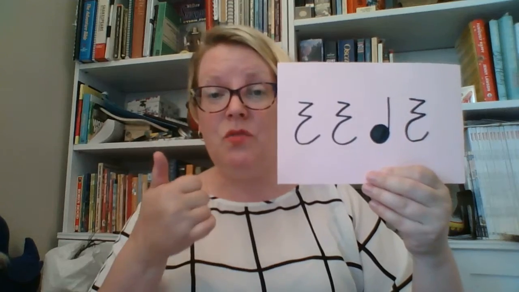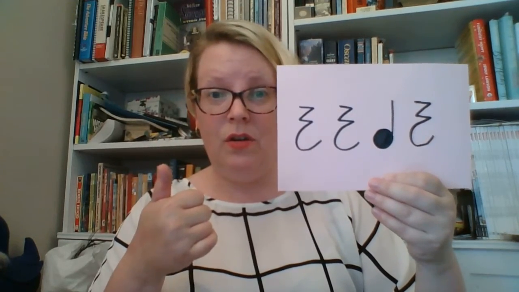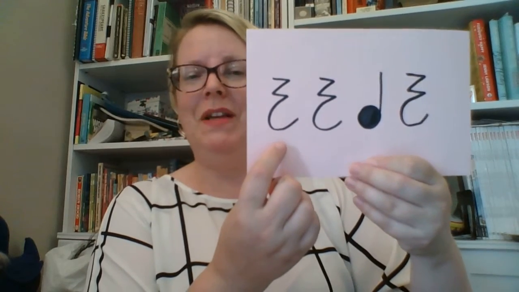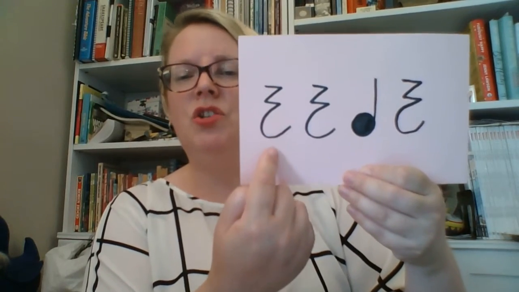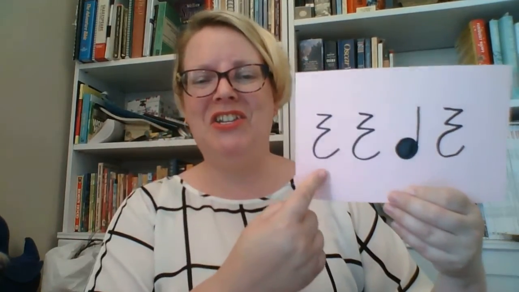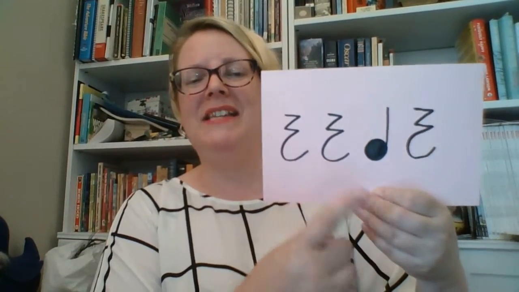Okay, I'm ready to read it out loud, are you? Fabulous. Let's read this out loud together. 1, 2, ready, and shh, shh, ta, shh. Nice job. Very good. Quarter rest, quarter rest, quarter note, quarter rest.